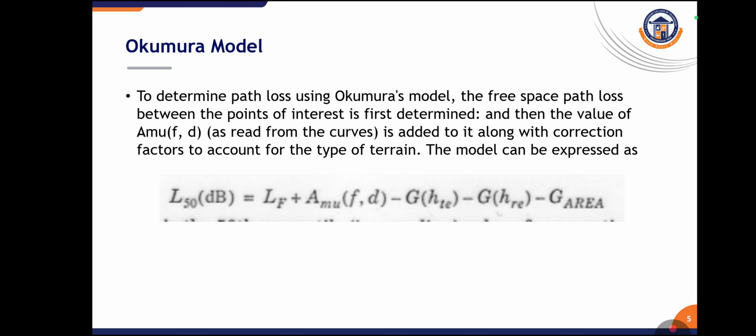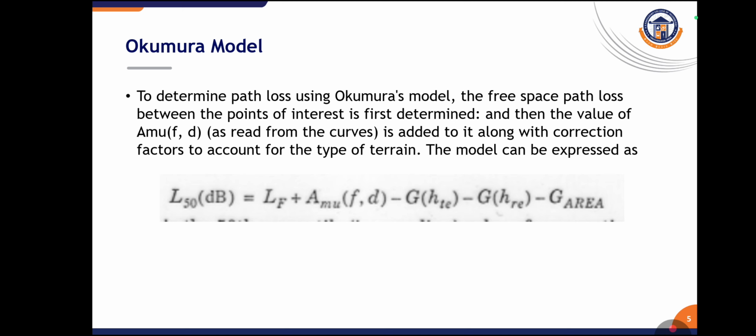Next, to determine path loss using Okumura's model, we use this formula. The free space path loss between the points of interest is first determined, and the value of AMU as read from the curves is added to it, along with the correction factors to account for the types of terrain.